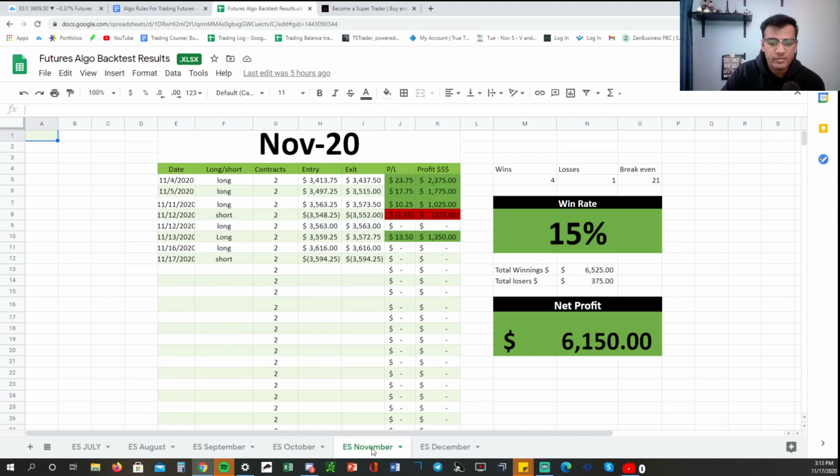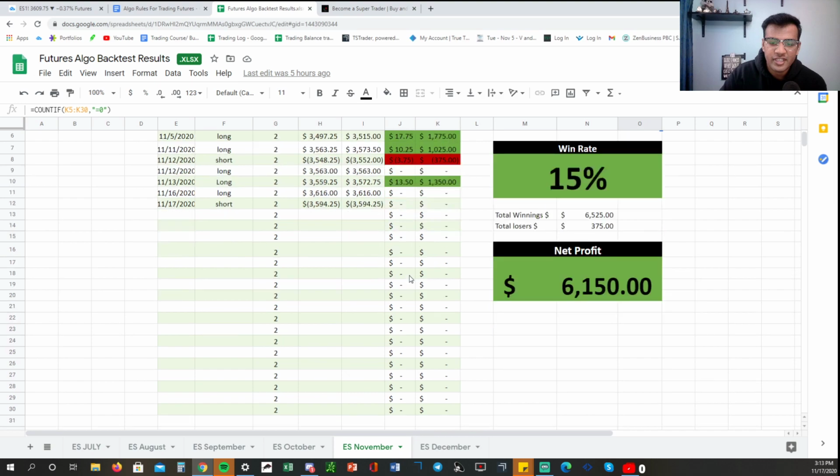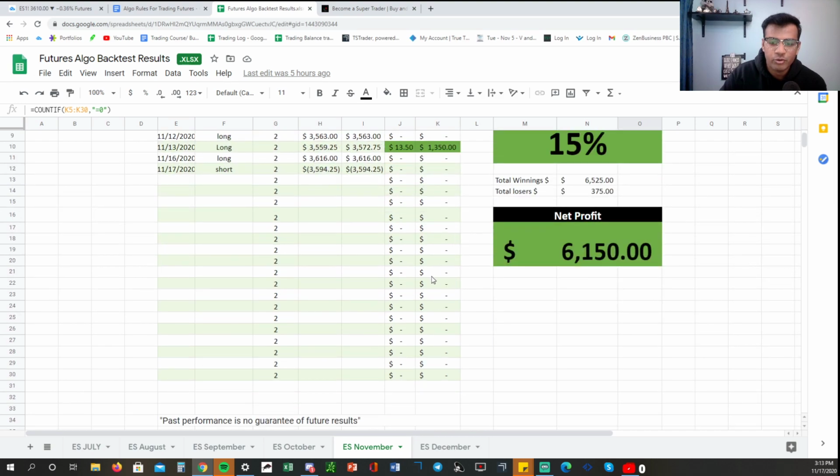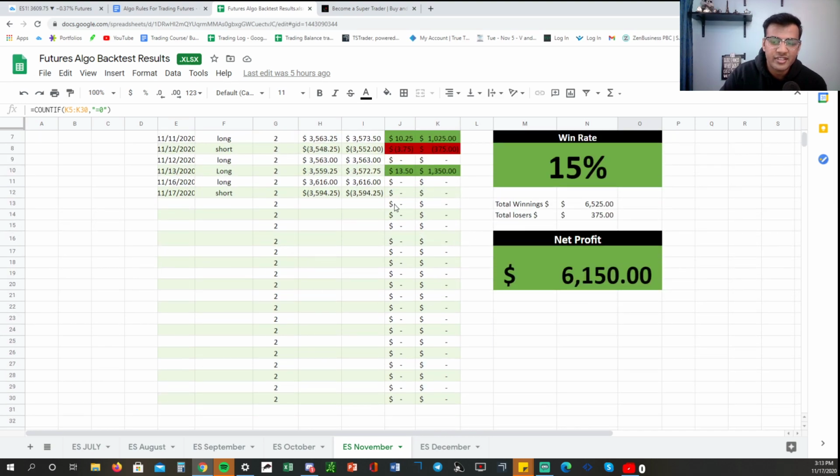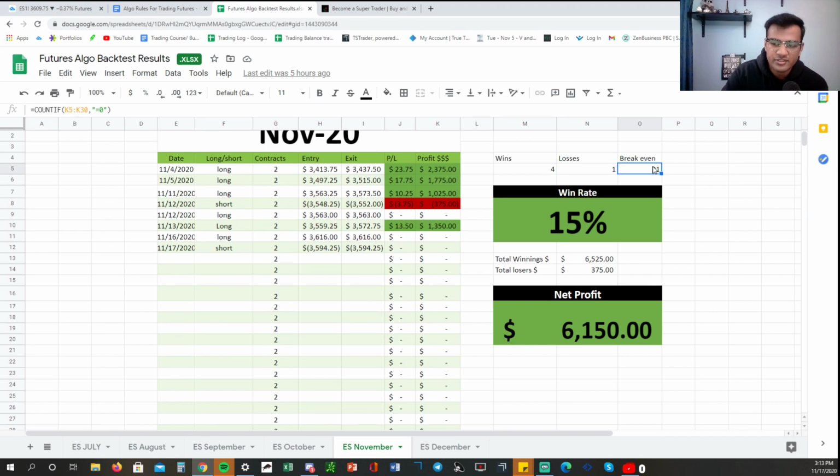And November, we've already beaten October, and it's only halfway through the month. November so far, we've had 4 wins, 1 loss, and don't look at this break even number yet because it's calculating everything in here before everything's calculated, right? At the end of the month, that's when we calculate it. But if I remove this, 4 to 1, right?